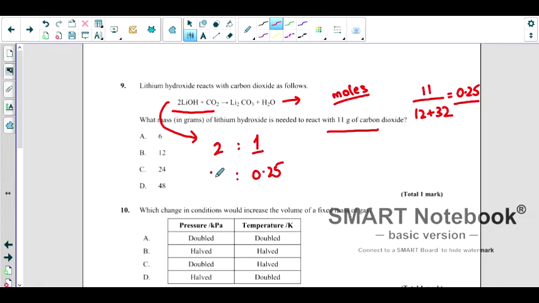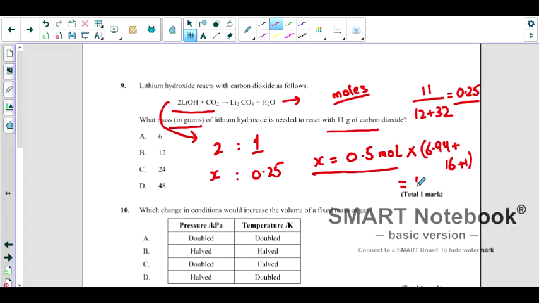So 0.25, here you put an X. You cross multiply, you get what? 0.5 mole. But the question is in grams, so better to convert it into grams, times it with the molar mass of lithium hydroxide. Around 6.94 plus 16 plus 1, you will get the answer around 12. So your answer is 12.